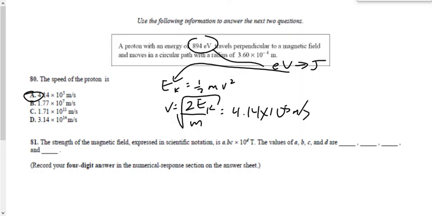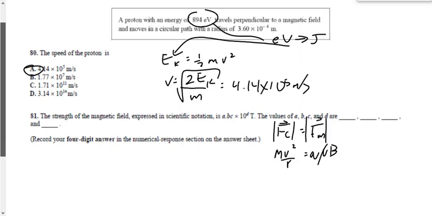The strength of the magnetic field tells me it goes in a circle. I'm going to say FC is equal to FM. I'm going to say mv squared over r equals qvB. I'm going to rearrange this to solve for the strength of the magnetic field. The v's cancel, one of them does at least.